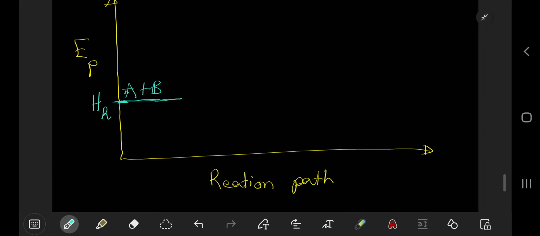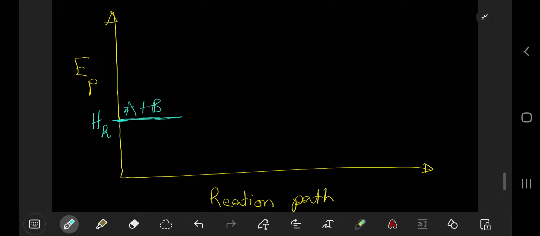But energy is absorbed to break down the bonds, right? So if energy is absorbed, then energy will increase here, up until the bonds are broken down.